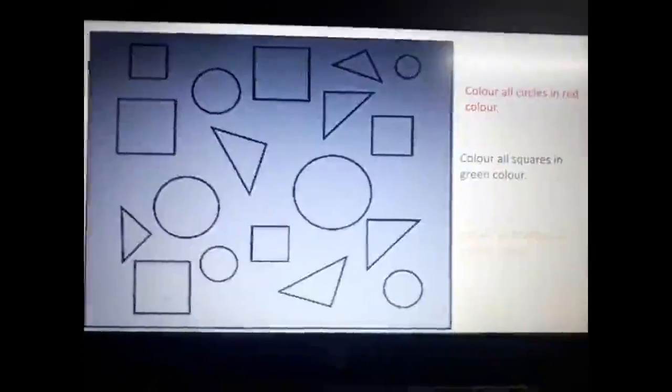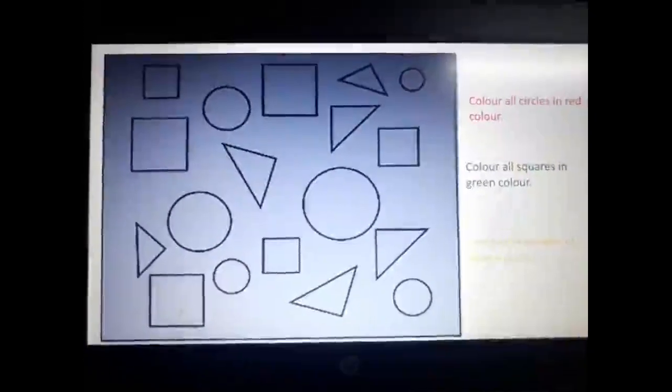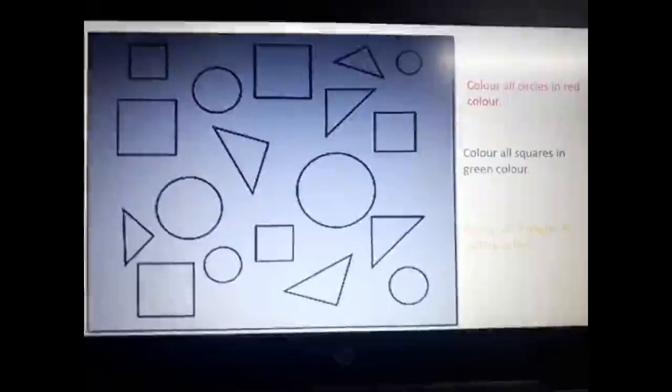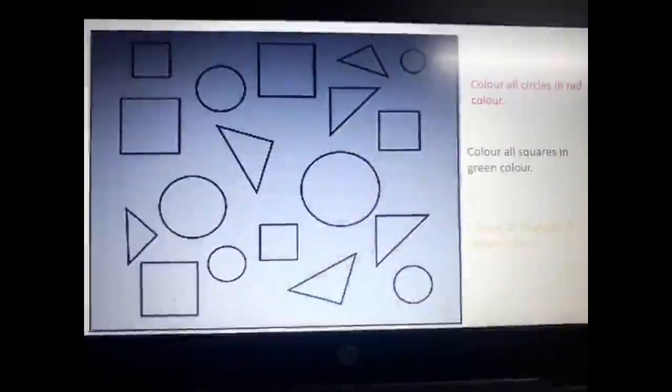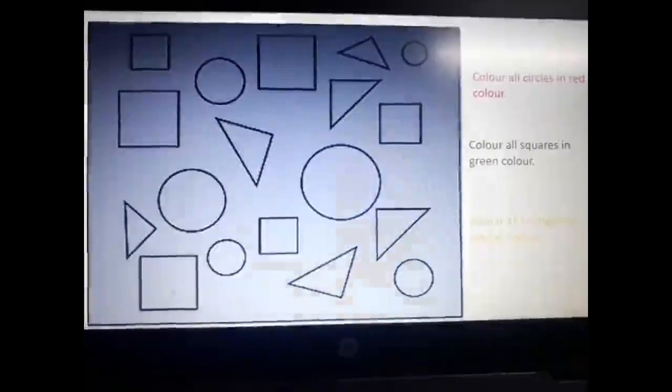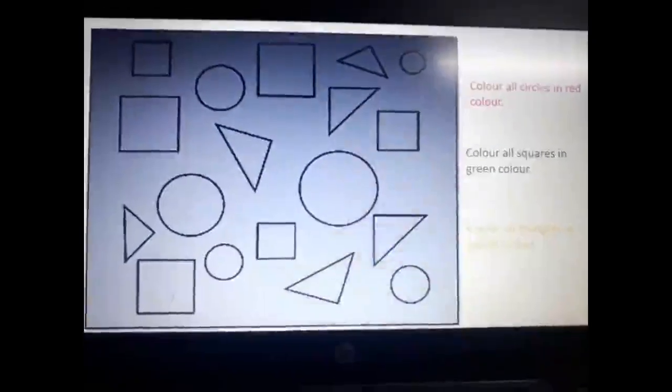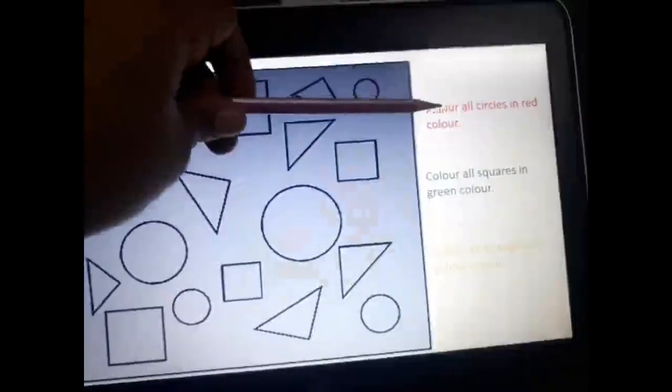Now, there is a small activity for you all. What you have to do, you have to draw some shapes like this. And when you draw all these shapes, you are going to color all the circles in red color.